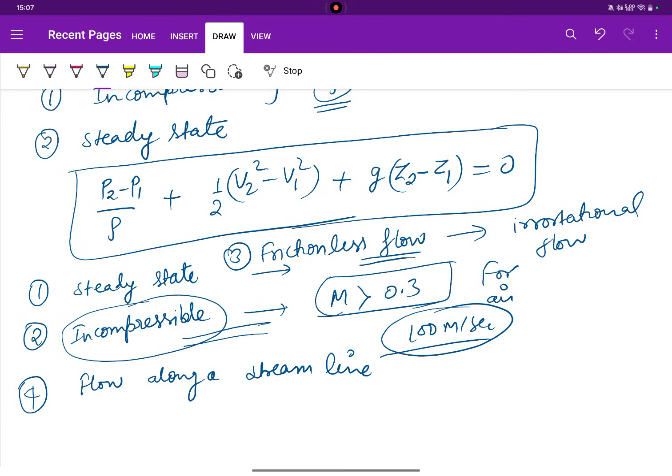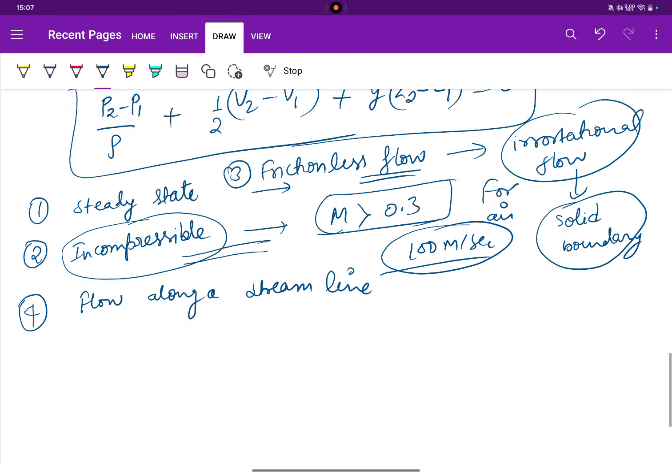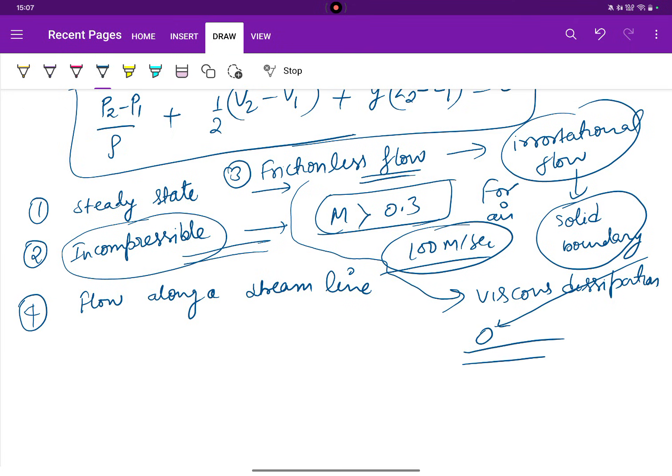Rotational features come from a solid boundary, or from mixing in the case of turbulence. So viscous dissipation has not been considered; it is 0. For real fluids we will consider the Navier-Stokes equation, which will take a lot longer than this video, and you have to be patient for that.